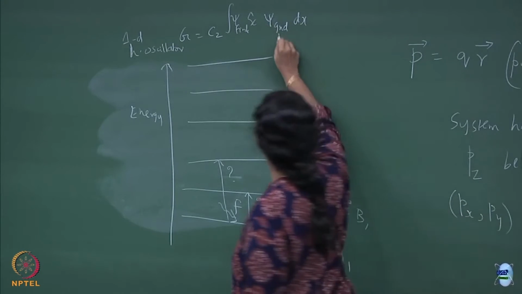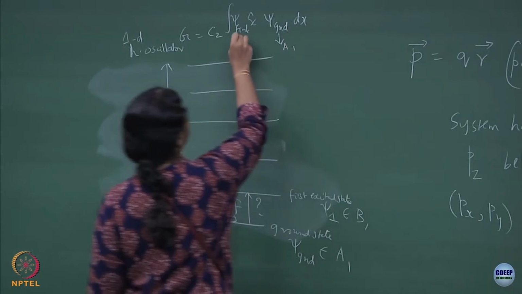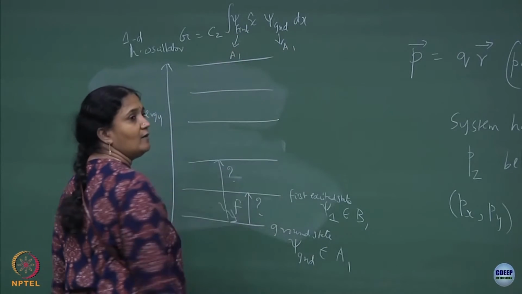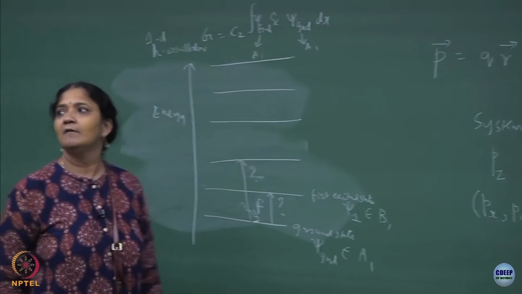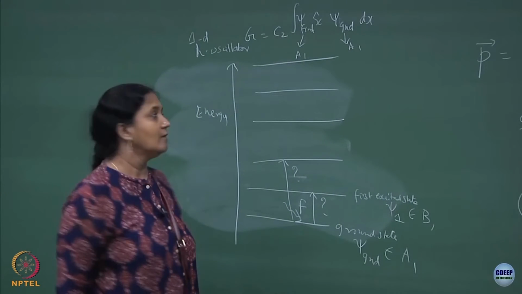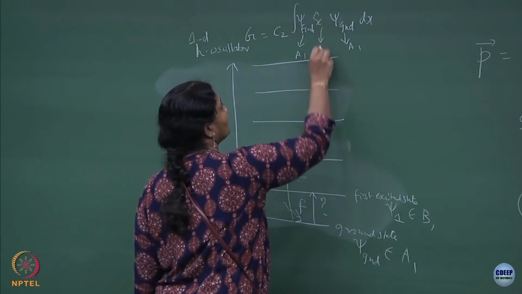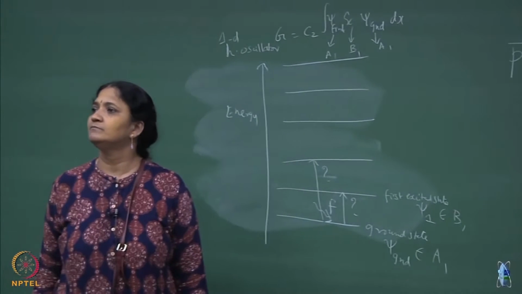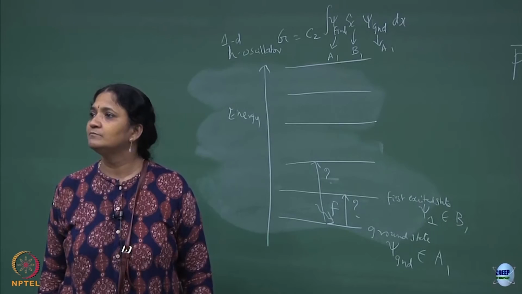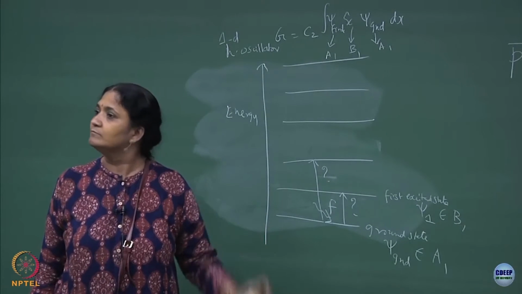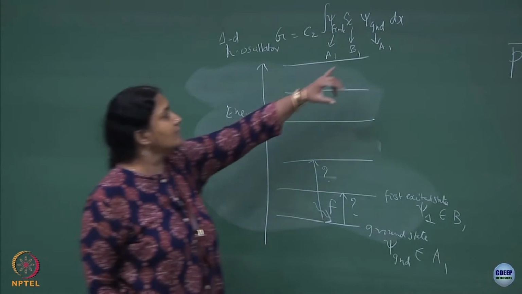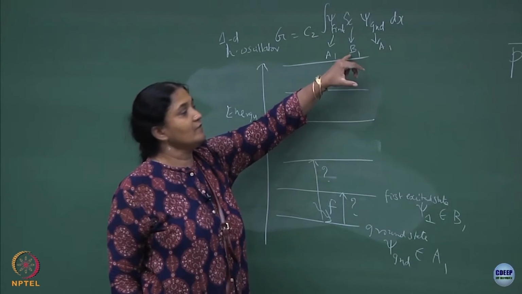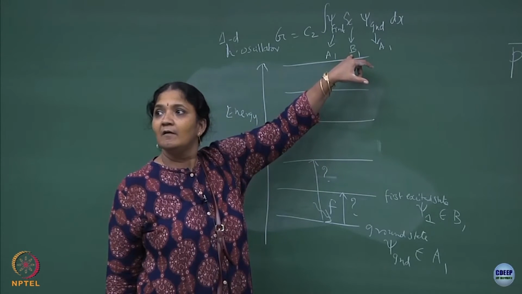So, if this belongs to A1, and if this also belongs to A1, the x operator belongs to B1, clear? The x operator belongs to B1. You can show that the product of A1 with B1 will be what?